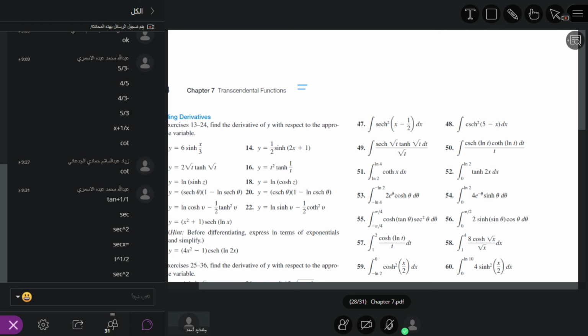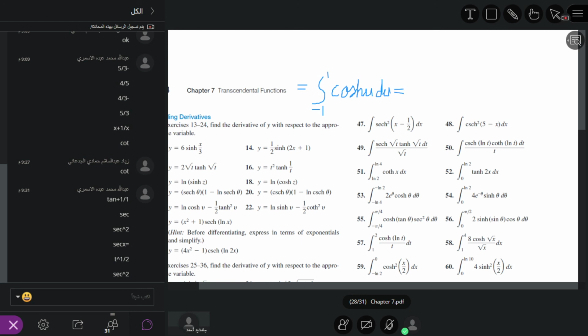So thus we get the following. Our integral is from minus 1 to 1 cosine hyperbolic u du.